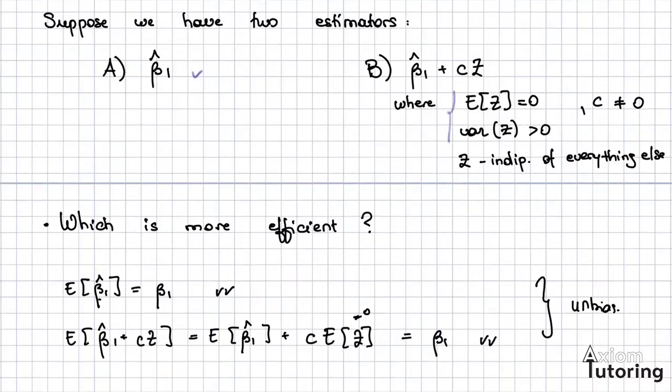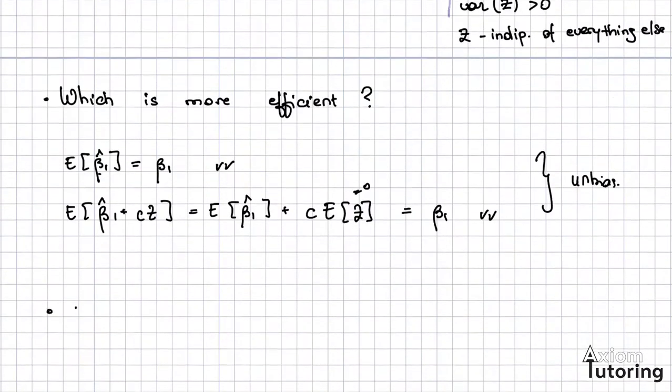So for the first one, we're going to have the variance of beta 1 hat, which ultimately is just the expression that we all know for the beta 1 OLS. We don't need to really write it in here. Let's just keep in mind it's just the variance of the beta 1 hat.